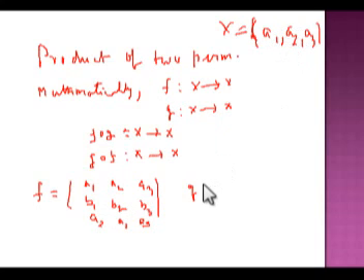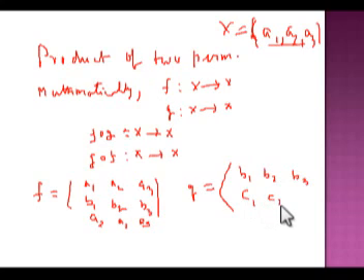So G has to be X to X, meaning B1, B2, B3 are also in X because these are the elements. And another arrangement is C1, C2, C3.